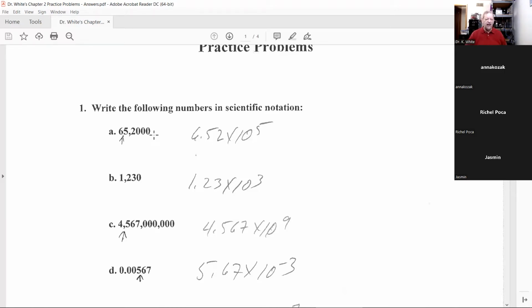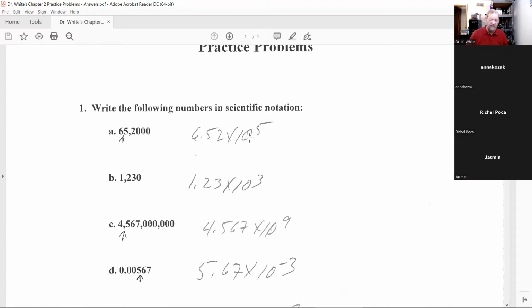If there are no decimals, trailing zeros are dropped. So we move the decimal to the right of the first non-zero number, 6, then put 0.52. The trailing zeros are dropped because there's no decimal, and we moved it 5 times.